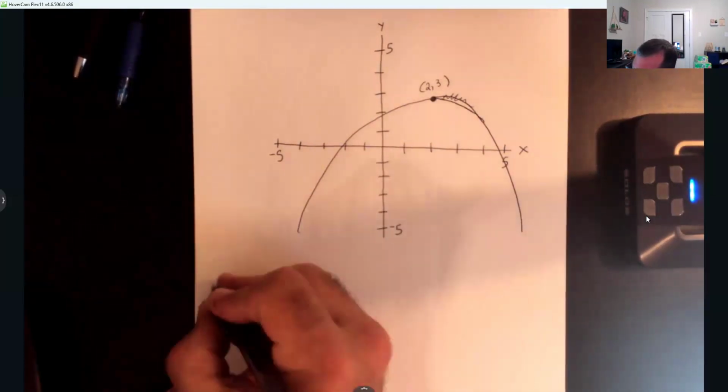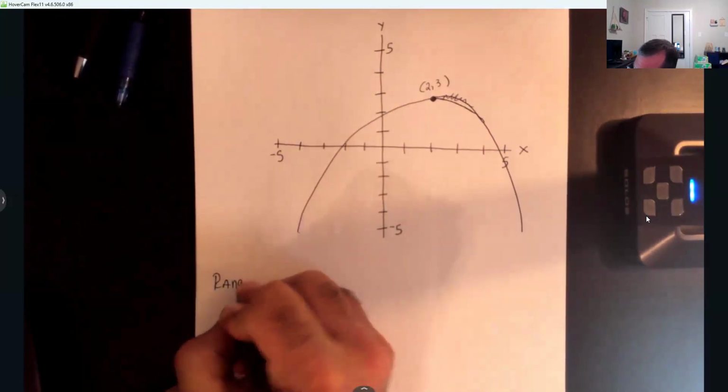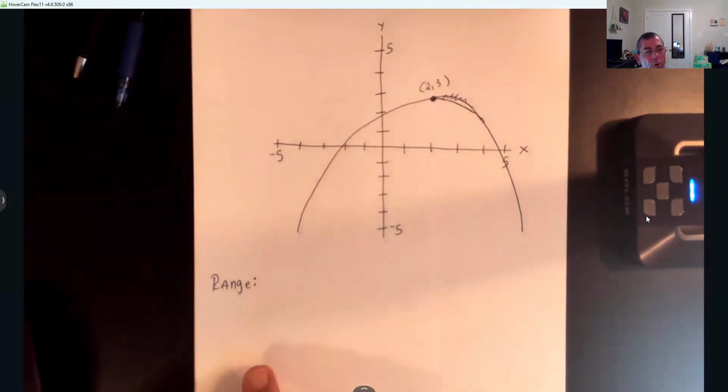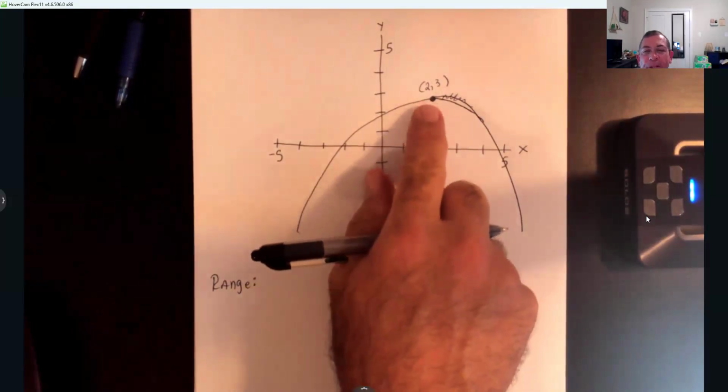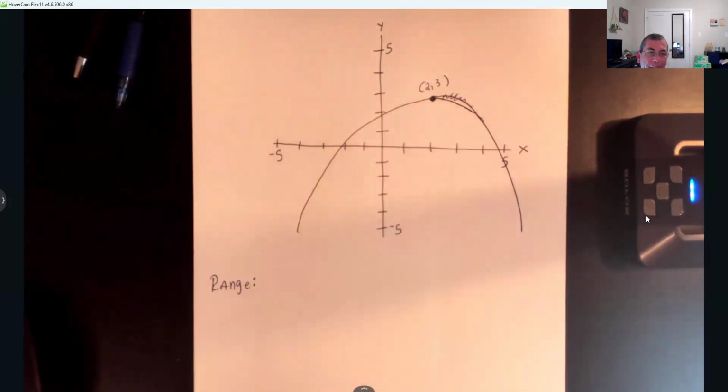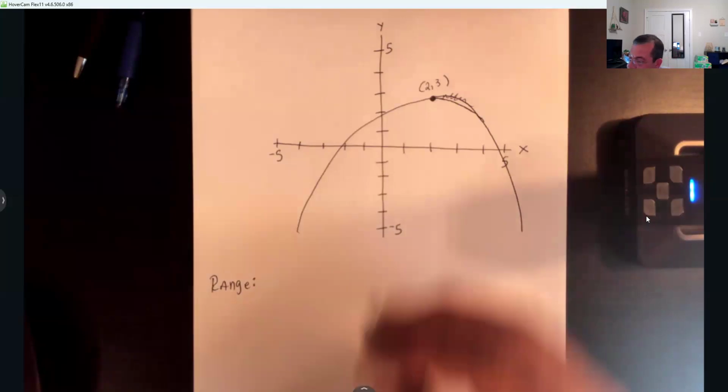What I want to know for this graph right here, what would y'all put for the range of this graph? And remember, the range is those y values, okay? Now remember, ranges always start with the smallest y values and go to the highest y value.